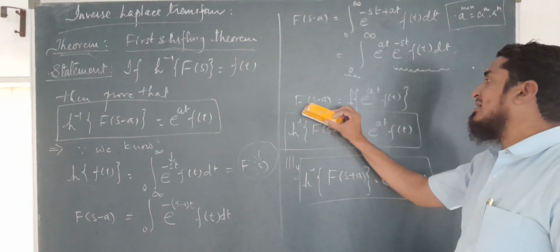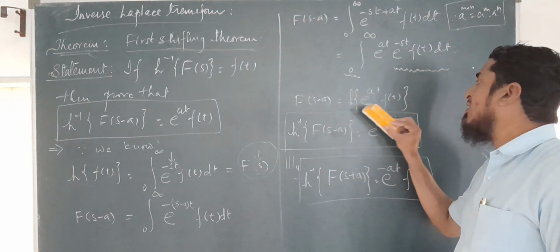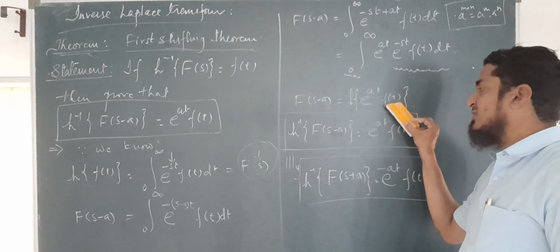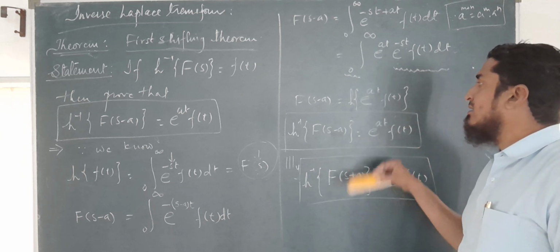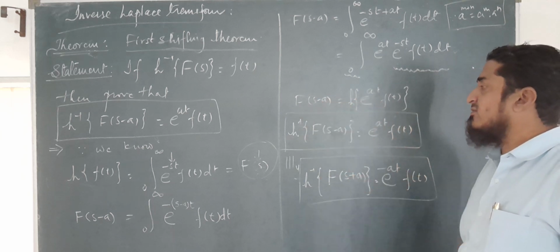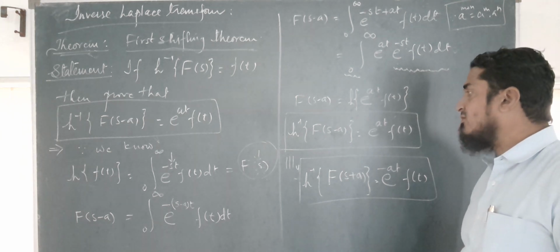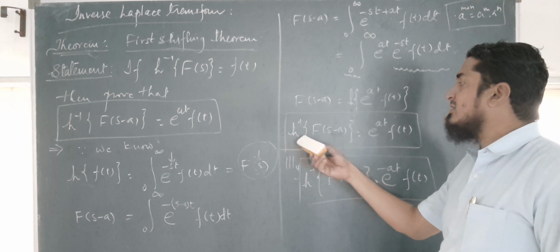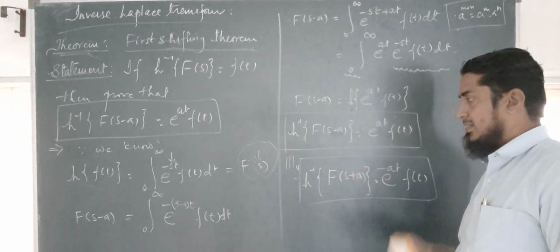So we can write F of s minus a is equal to Laplace transform of e raised to at f of t, and shifting the Laplace transform to the left hand side, or applying inverse Laplace transform to both sides, we will get inverse Laplace transform of F of s minus a is equal to e raised to at f of t.